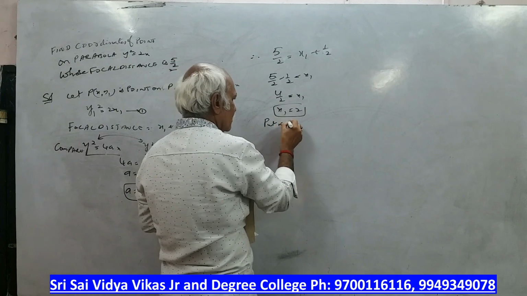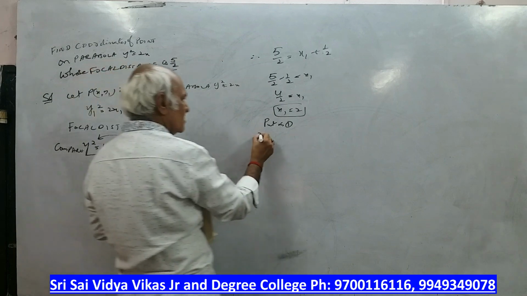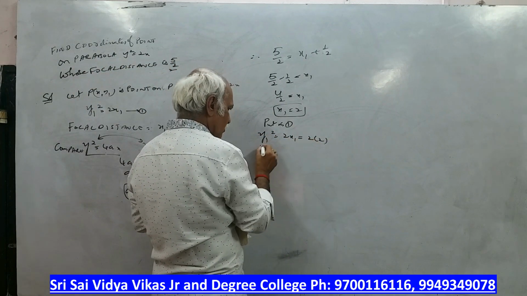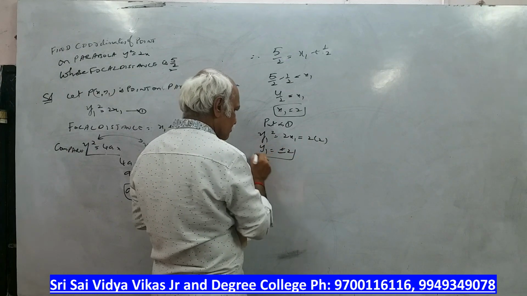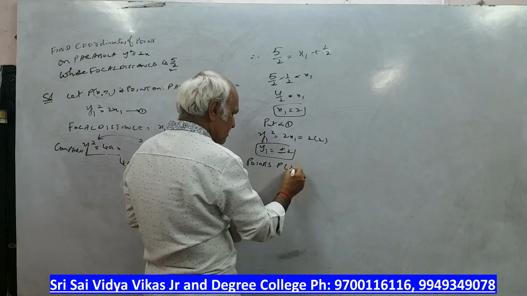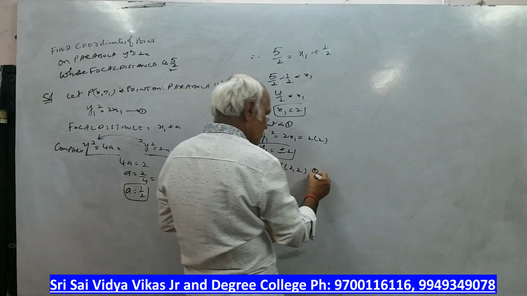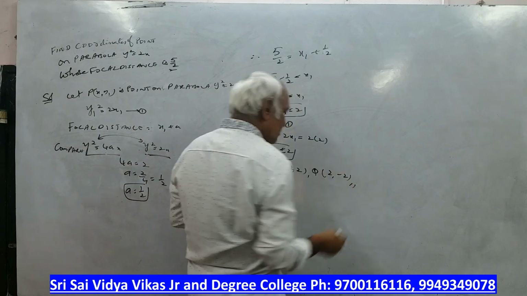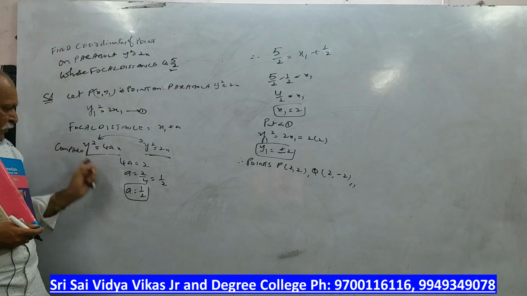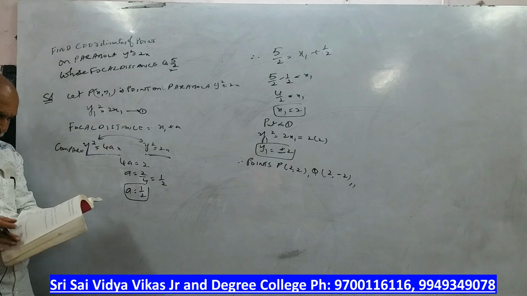Put in the first equation. What is the first equation? y1 square is equal to 2x1. So 2 into 2, 4. So y1 is plus or minus 2. Therefore, the points are P 2 comma 2 and Q 2 comma minus 2. So it is a formula application. You have to compare y square is equal to 2x with the standard parabola. Okay, please note this.